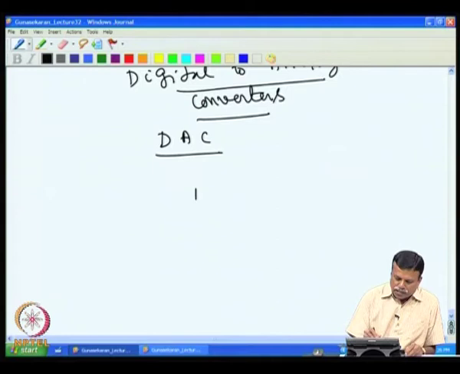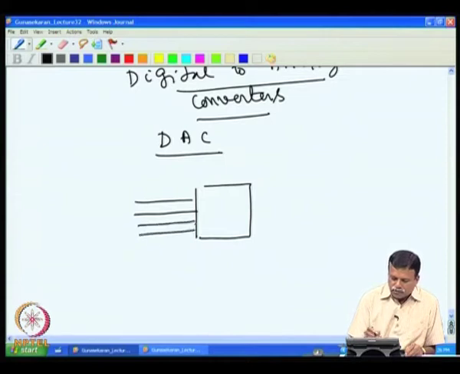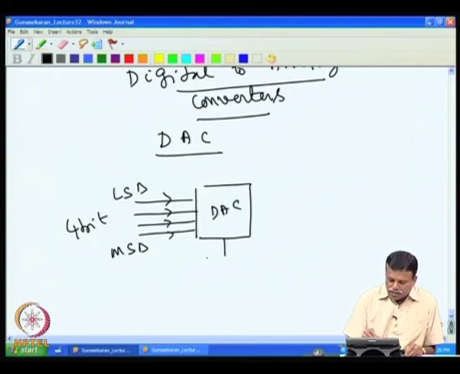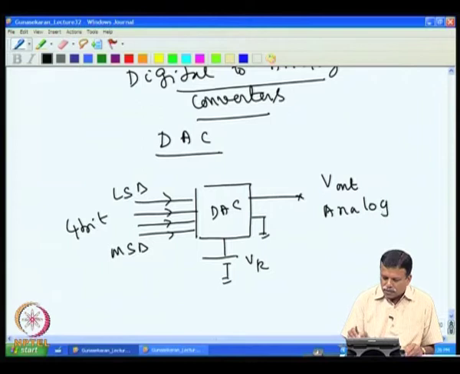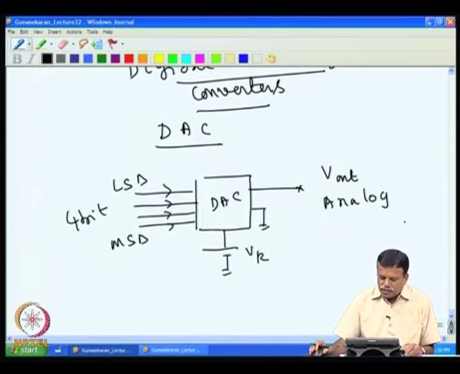The general block diagram is that we have a digital input, for example a 4-bit converter, with LSB here and MSB here, the inputs being zeros and ones, going into the DAC, which has a reference voltage V reference, and then we get the analog output V output. So, this is a general block diagram for a DAC.